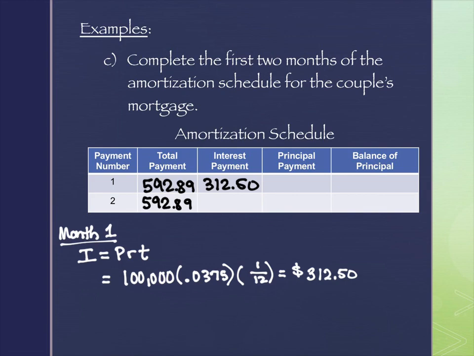Okay, now think with me. If I make a payment of $592.89 and $312.50 is for interest, how can I figure out how much actually went to the principal of the loan? You just subtract. Okay, so the next one, the principal payment.